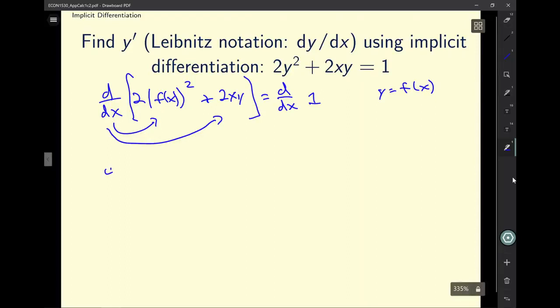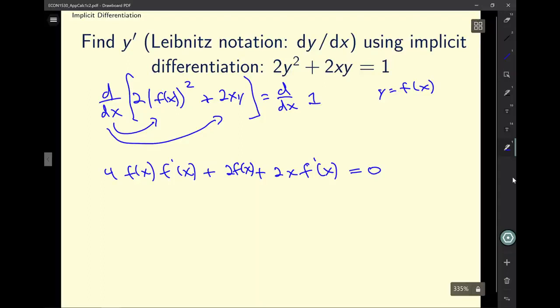And so we're going to end up with 4 f of x, f prime of x, plus 2y, plus 2x. Oh, I guess I should replace that y with an f of x if I'm going to do it this way to be consistent. And then we've got f prime of x multiplied by 2x, and this whole thing is going to be equal to 0.